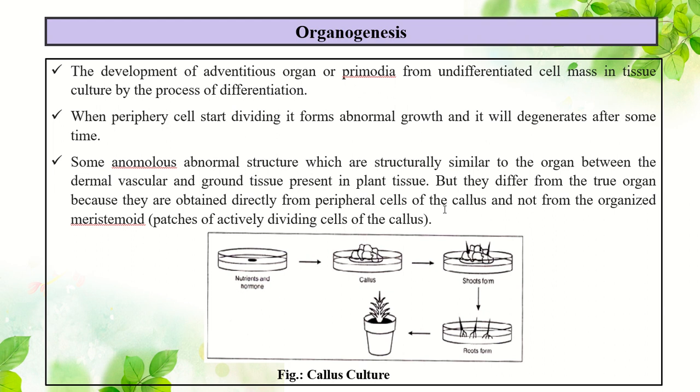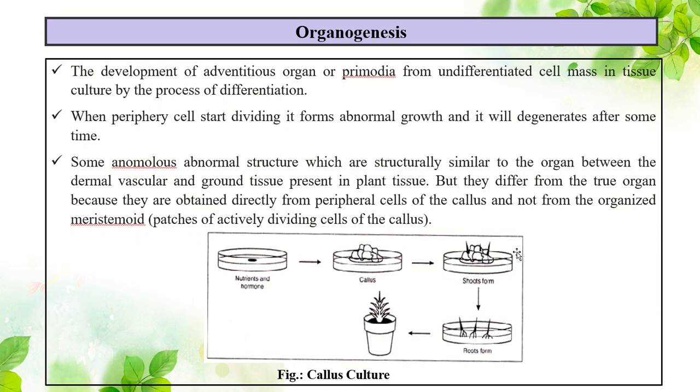Organogenesis, as the word itself says, organ and genesis means formation. So it is the development of adventitious organs or primordia from an undifferentiated cell mass in tissue culture by the process of differentiation.